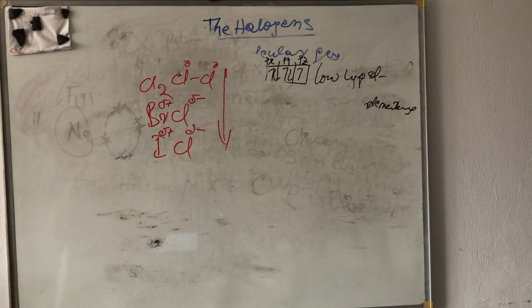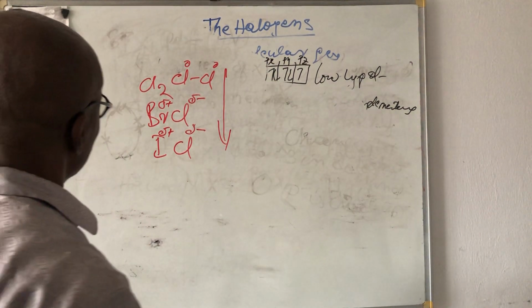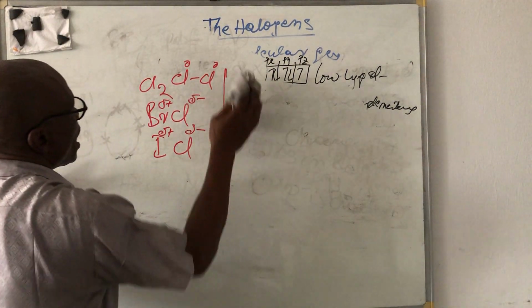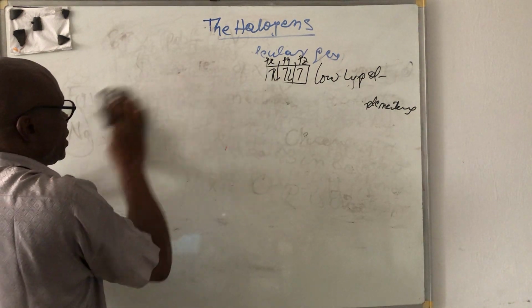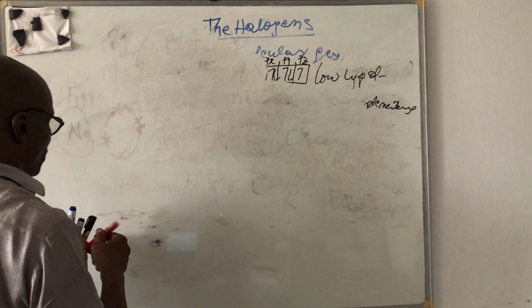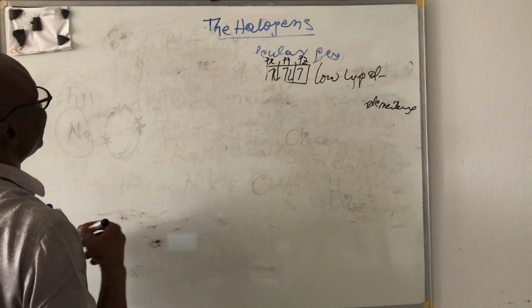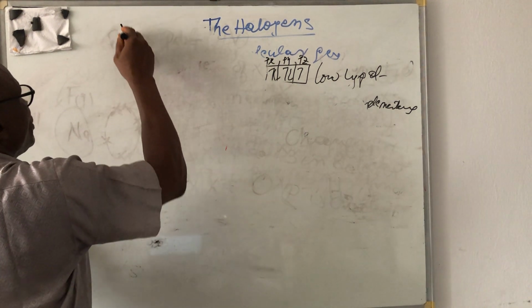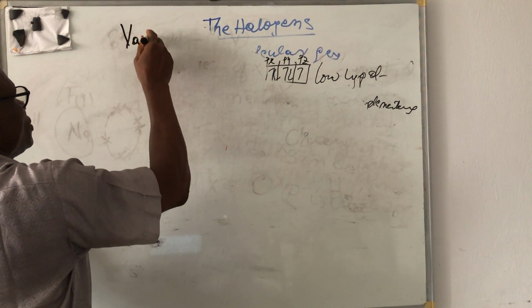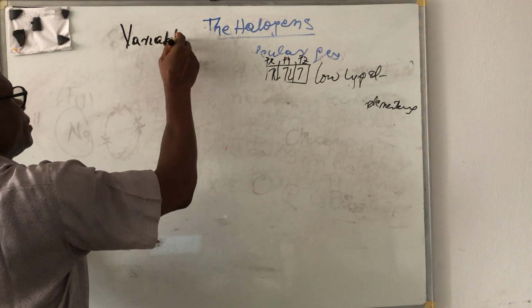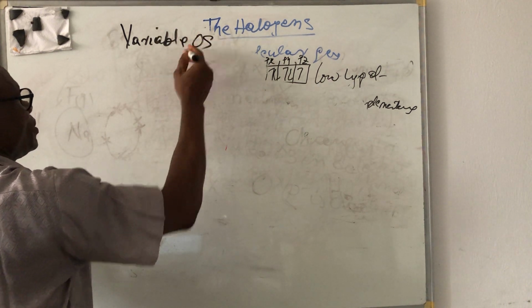And we say that halogens exhibit variable oxidation state.